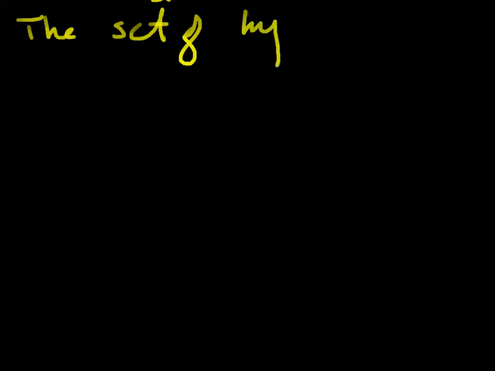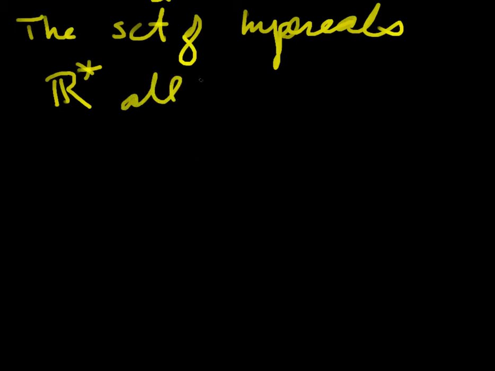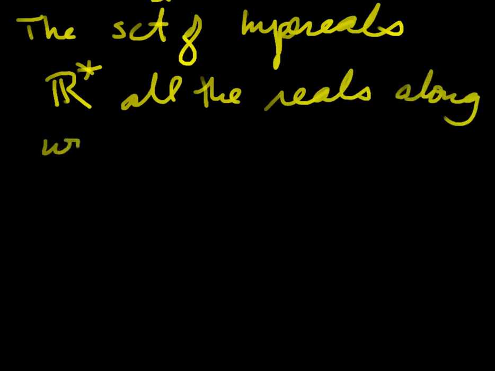We're going to extend it, and the set of hyperreals we'll denote by R, so we're still using the symbol for the reals, but now I'll put a star on it to say it's been augmented. And so this is going to be all the reals along with infinitesimals.